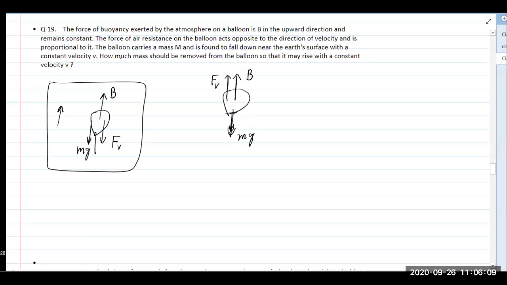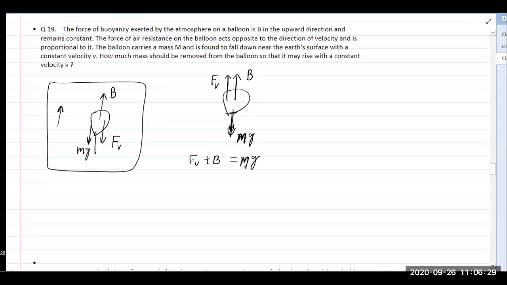If it is falling with constant velocity, the net force is balanced. So we can write Fv plus B equal to mg. Its mass is also given, capital M, so we will write capital M.